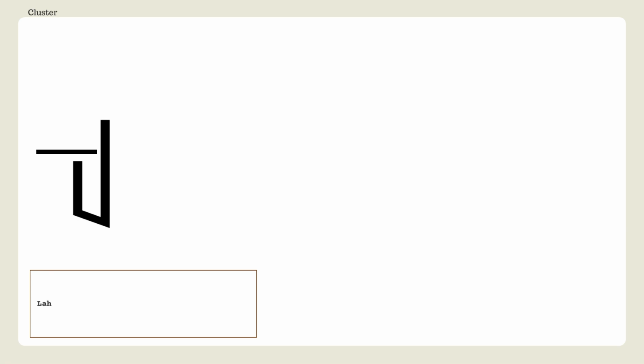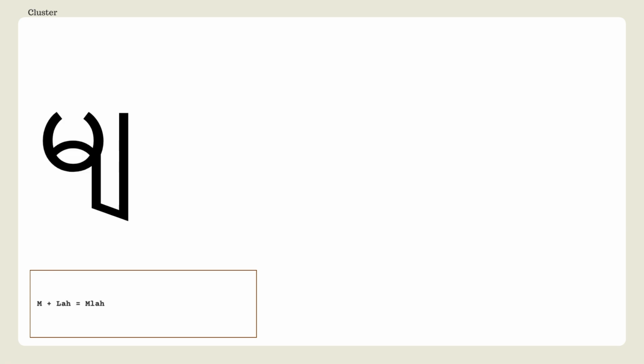It's a la, L sound. For example, ma and la is mla. Here, because of the typing, you can see the ma consonant and the la cluster are connected, but when we handwrite it and in some typing fonts, they are not supposed to connect.